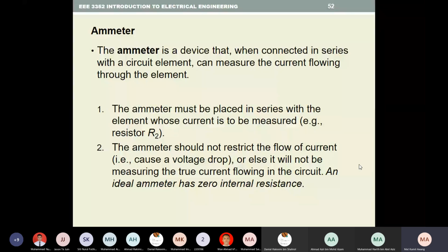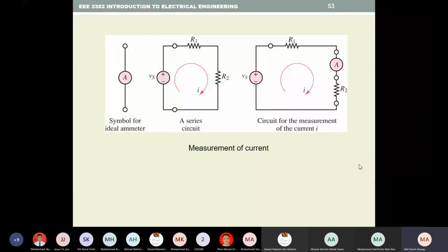So basically, for current, if you want to measure, you have to break the circuit and put in your ammeter device in series with the element. Just like this, okay?